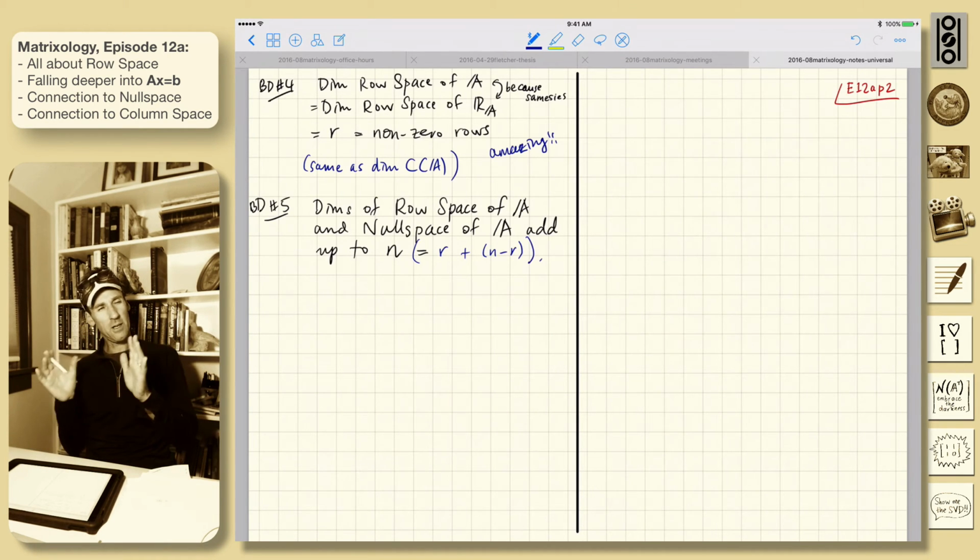So there's a sense here that these two subspaces neatly, because they're at right angles, divide up their ambient space. So we're going to get that.